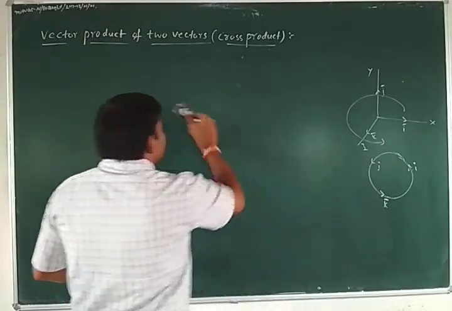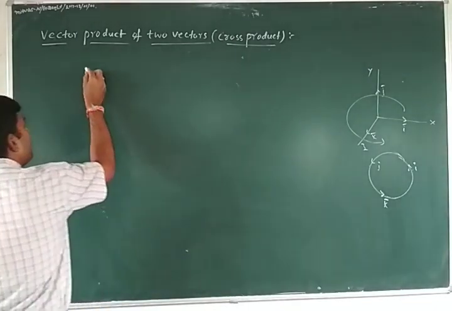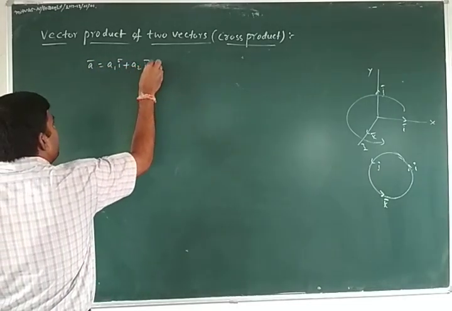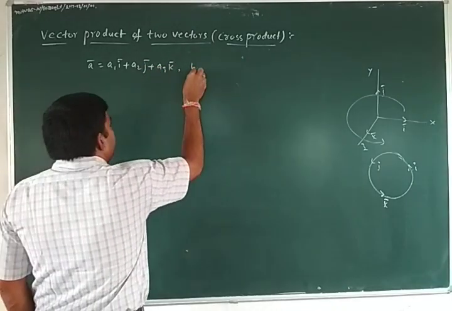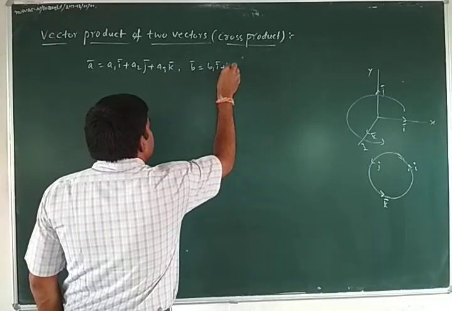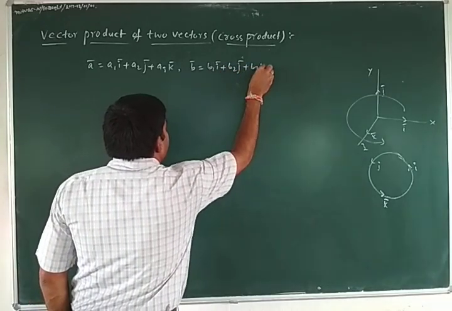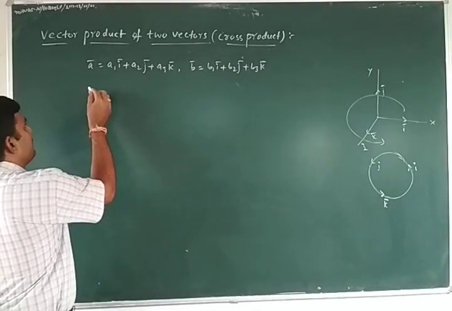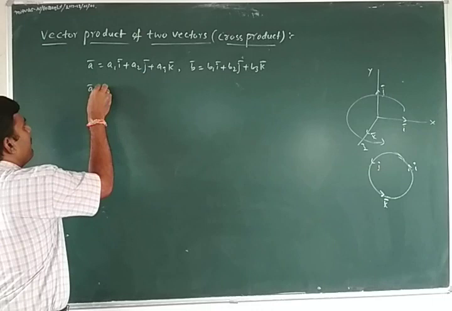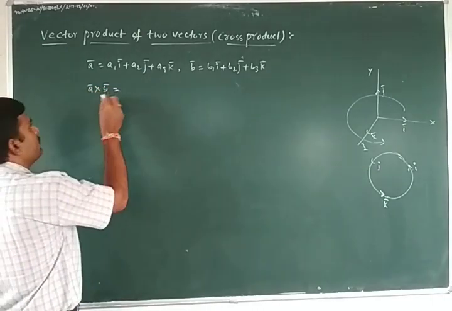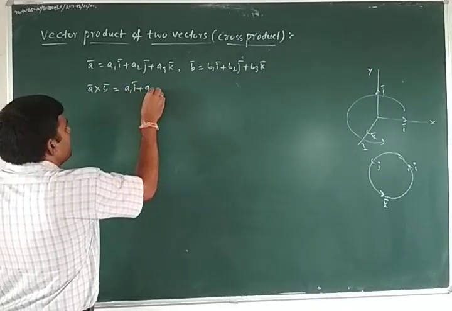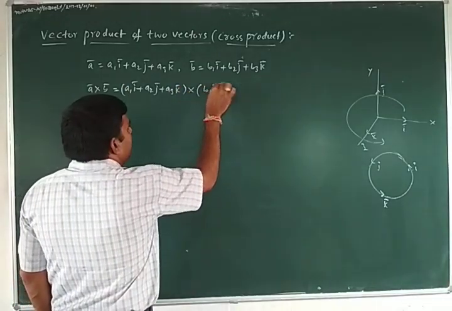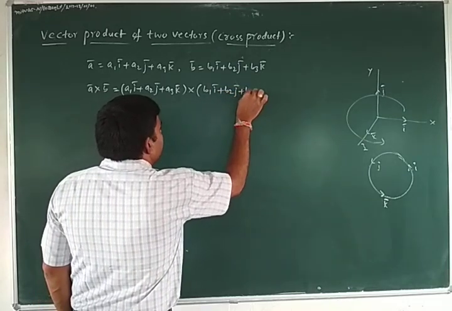For suppose A bar is equal to A1 I bar plus A2 J bar plus A3 K bar, and B bar is equal to B1 I bar plus B2 J bar plus B3 K bar, two non-zero vectors in space. Then the cross product of A bar and B bar is A1 I bar plus A2 J bar plus A3 K bar cross B1 I bar plus B2 J bar plus B3 K bar.